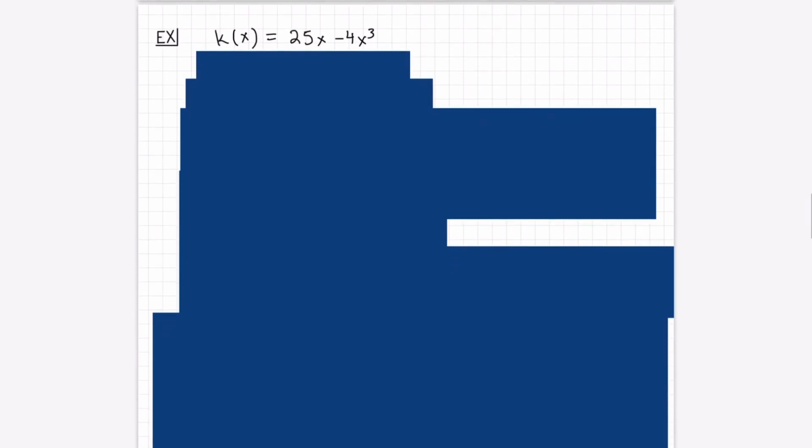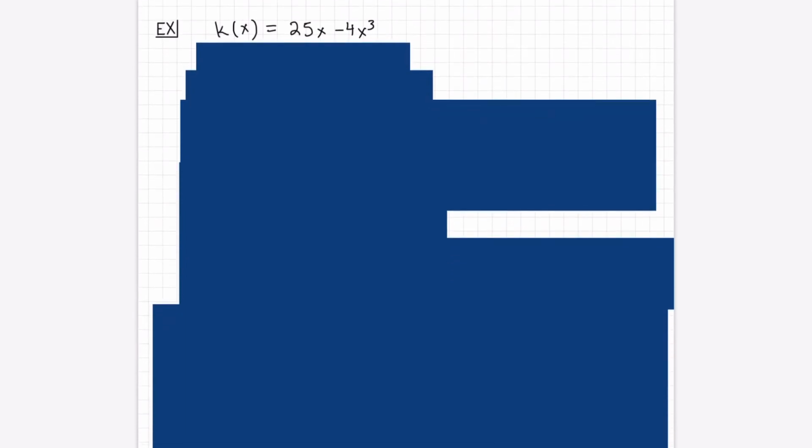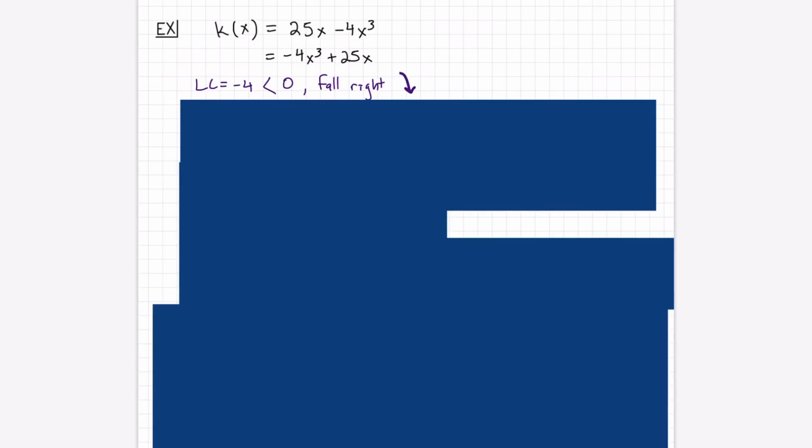I have this example I'm just going to go through super quick, just so you can see another example. All right, so first up, we have to make sure to put it in the correct order because it wasn't already. It needs to be in descending order. Then I'm going to think about my end behavior. My leading coefficient is negative, so I'm going to fall to the right.